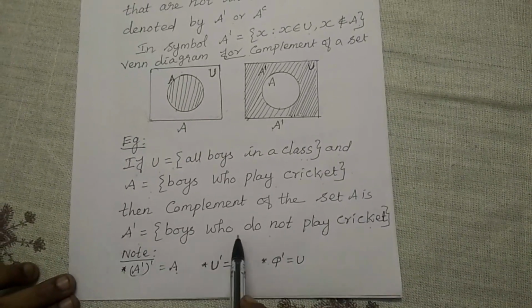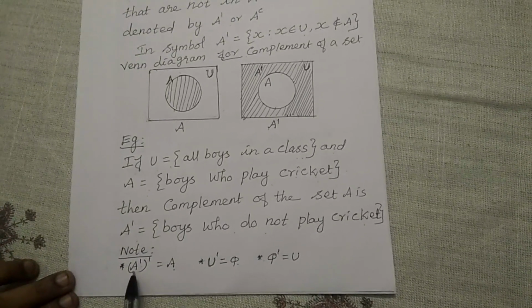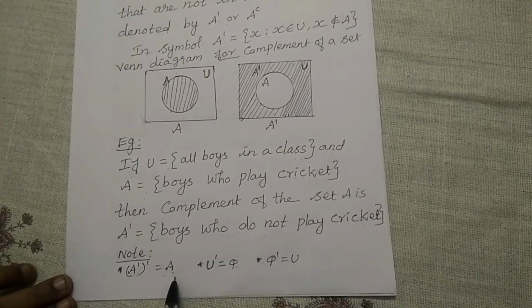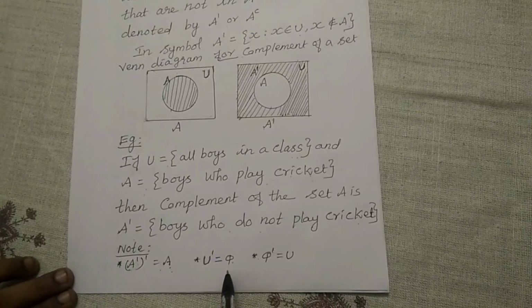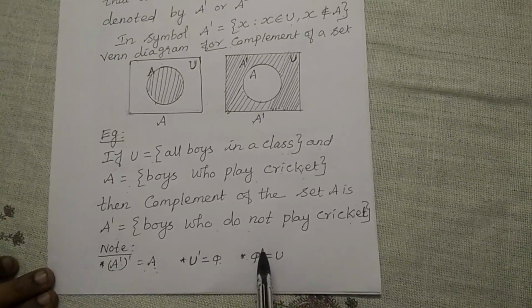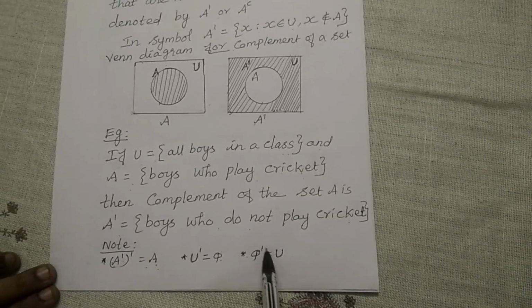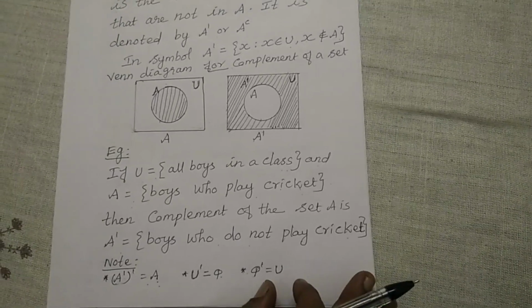This is A complement. Okay. Then notice the complement of the complement of A is A. The complement of the universal set is equal to phi. Phi dash is equal to the universal set, or the complement of phi is equal to the universal set.